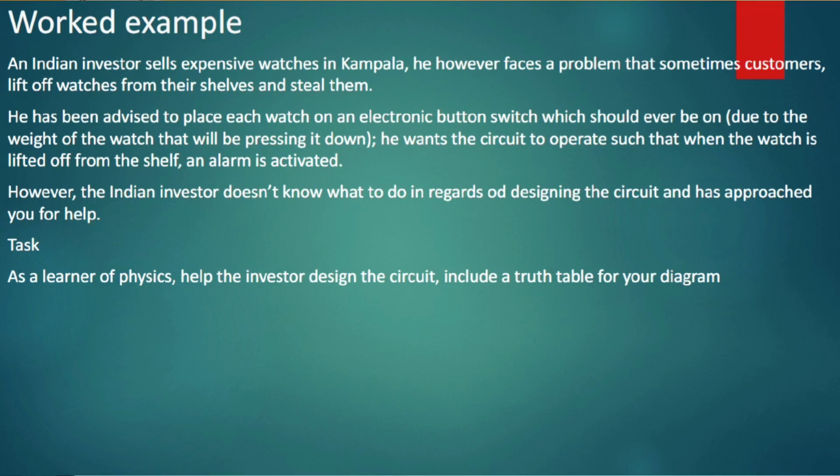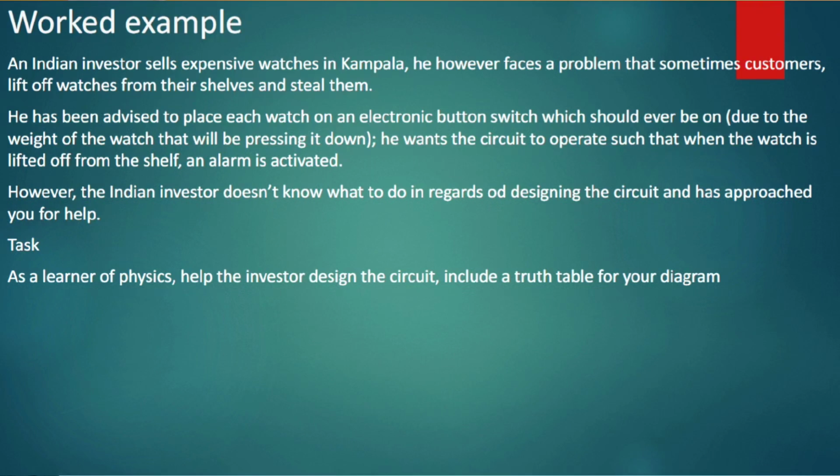As you can look at this question, there is a problem. The problem this Indian investor faces is that customers sometimes lift watches from their shelves and steal them. So somebody has advised him to place each watch on an electronic button switch.